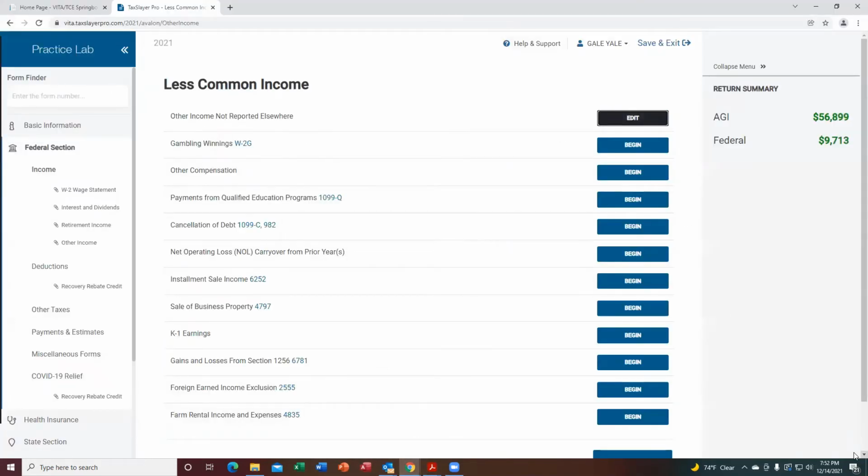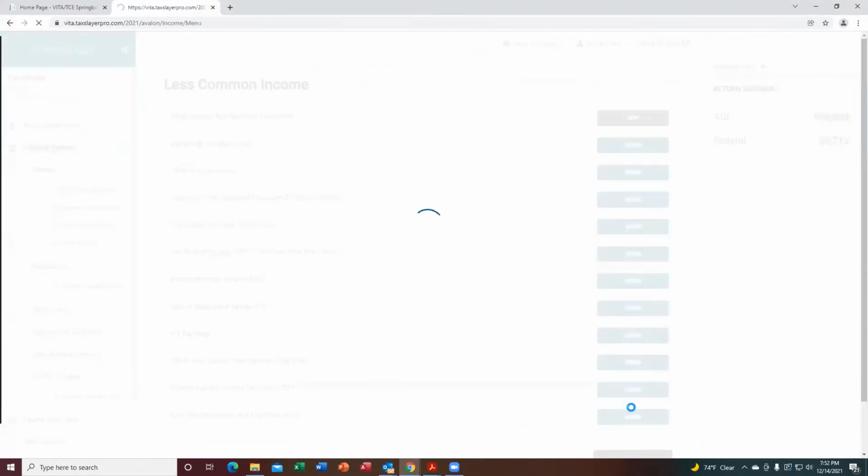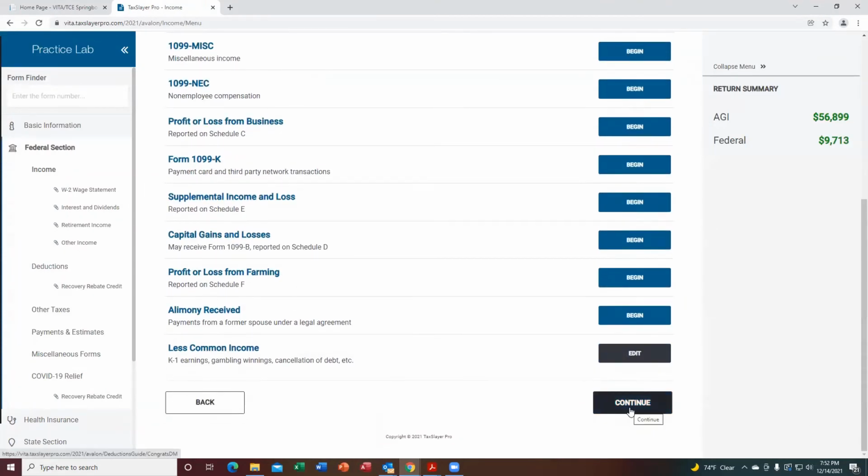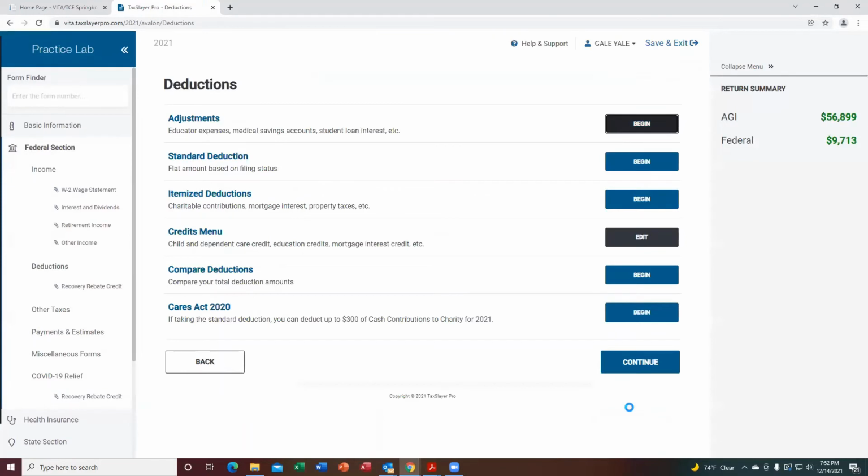So less common income, I continue. We're done with income, continue. And so now we're in the adjustments area. You notice there's the educator expenses and there's a student loan interest.